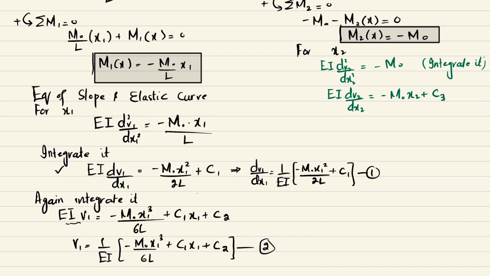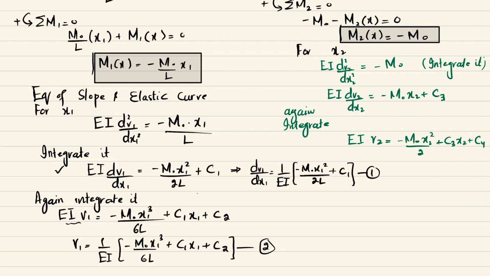Now again integrate this equation, and you will get EI V2 is equal to minus M naught x2² over 2 plus C3 x2 plus C4.